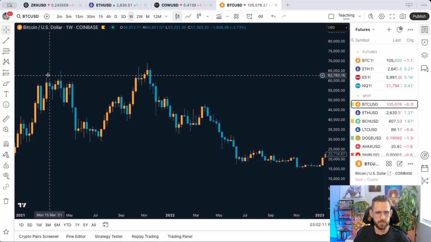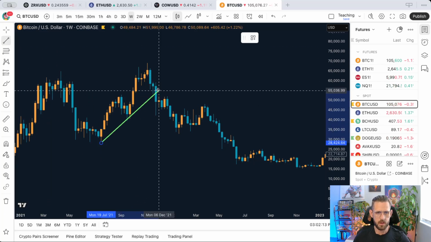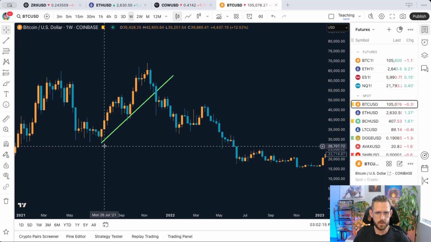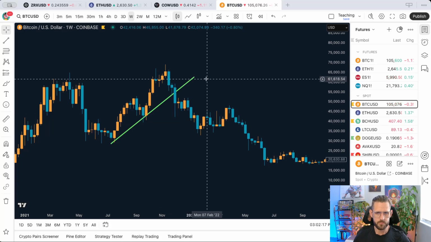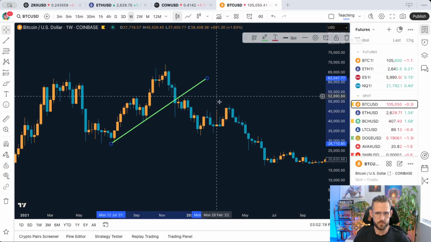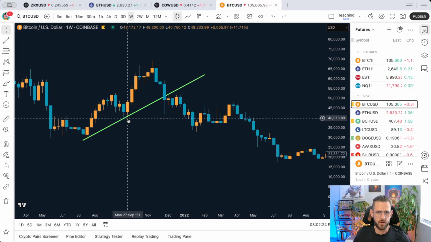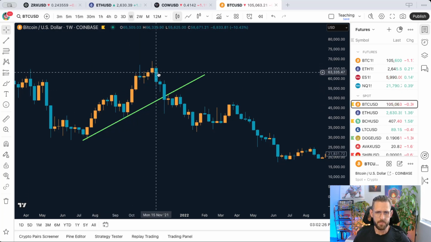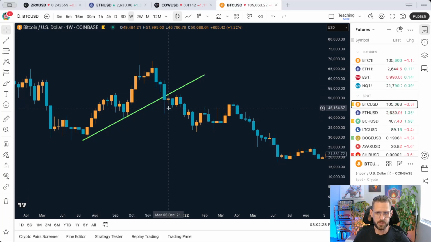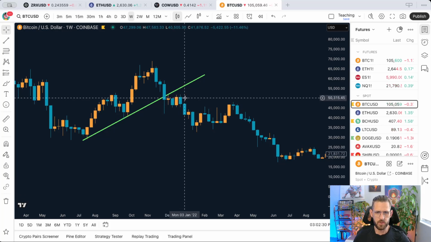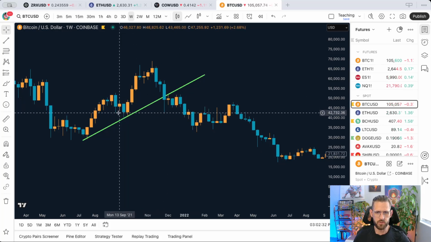Here's a perfect example. Back here, we have our trend, right? We have our low, we have our high, we have our higher low, we have our higher high, but then the market breaks through this, tries to make a new high, and then breaks through this low.